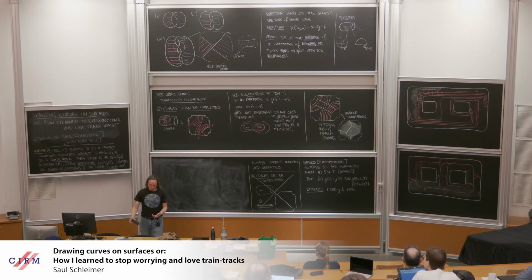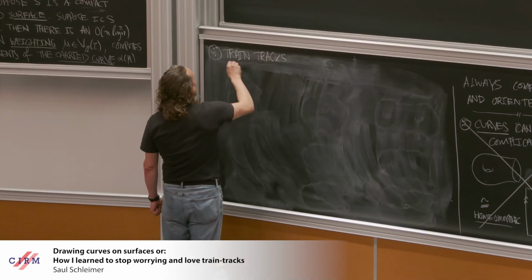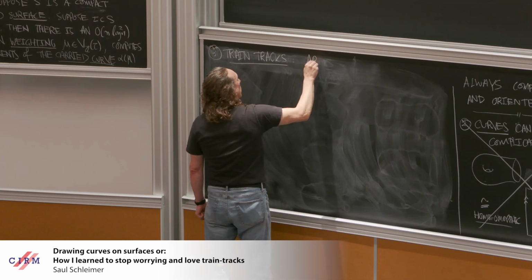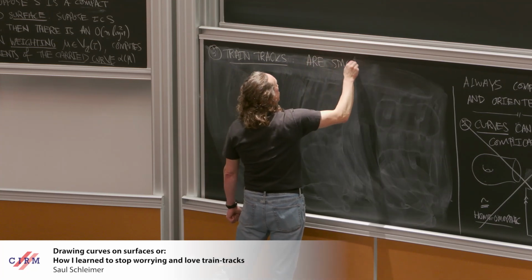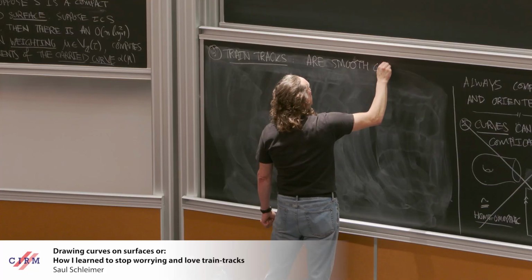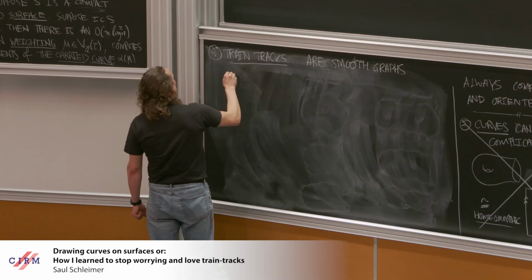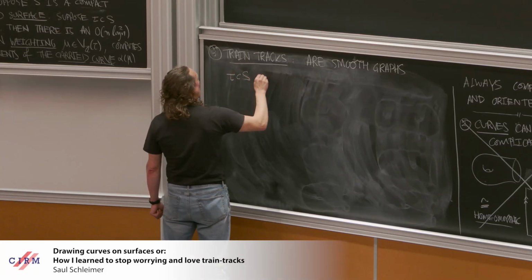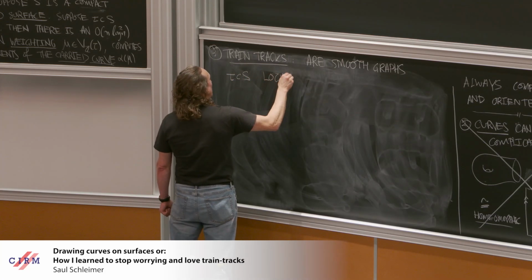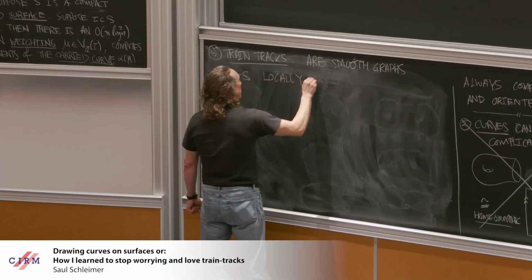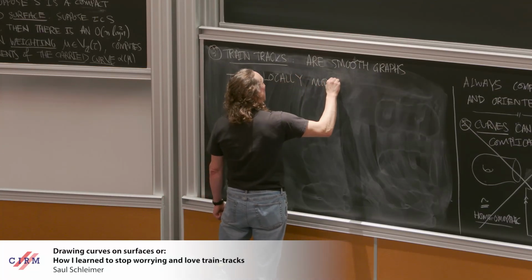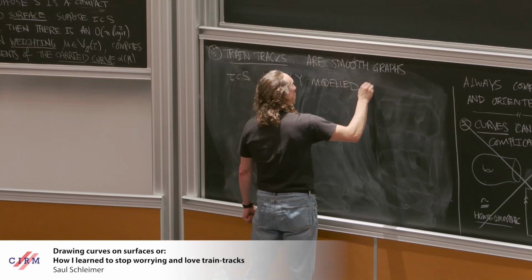Right, so let me just give a quick fake definition of train tracks. Let's say tau contained in S, locally modeled on.